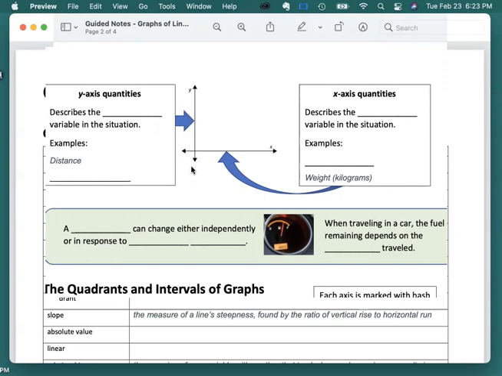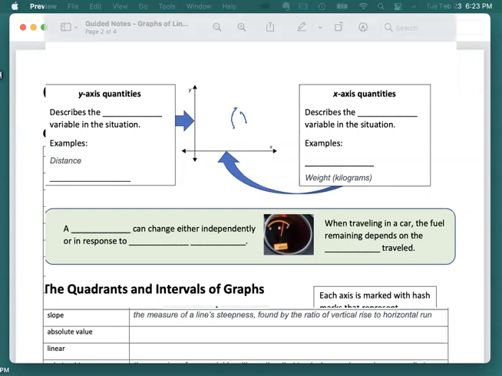If you have a point, it will always be written like (x, y). So it's always going to be x first, left and right first, and then y. X is left and right, y is up and down. Okay?